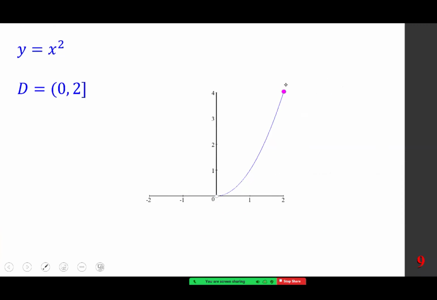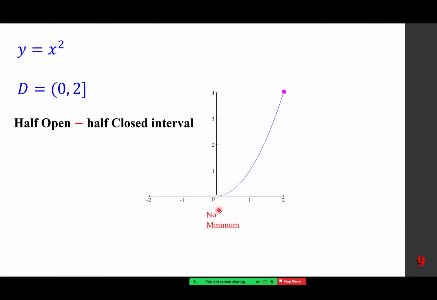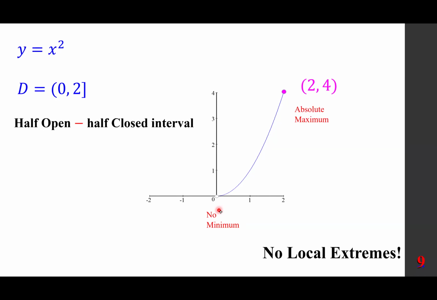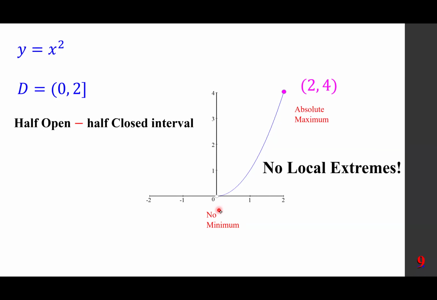Now let's make a change and make it half open, half closed, such that this point is no longer included. Therefore, since this is not included, we don't have a minimum. But we still have the maximum. So absolute max is equal to 4 at the same pair, no local max or min.